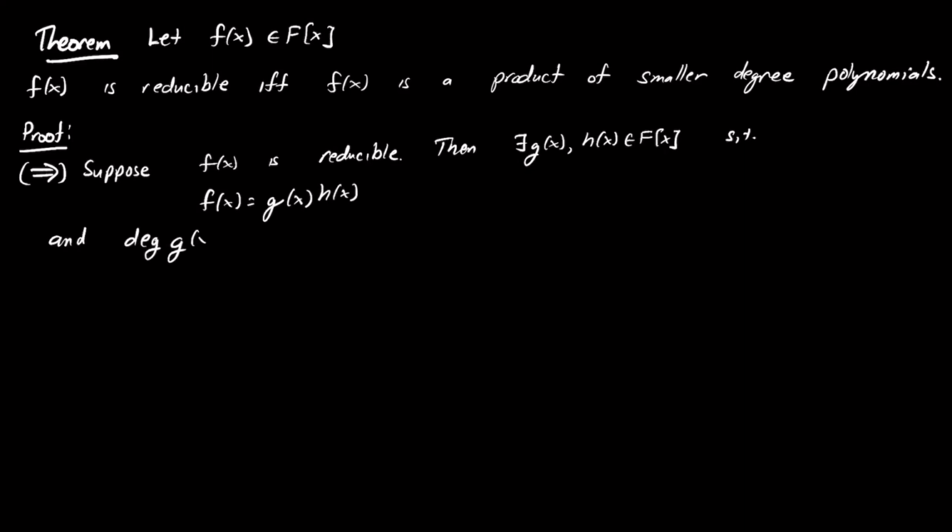So the degree of g of x is bigger than or equal to 1, and the degree of h of x is bigger than or equal to 1. Constant polynomials have degree 0. If a polynomial is reducible, then I can write it as a non-constant polynomial times a non-constant polynomial. So these two polynomials have to have degree bigger than or equal to 1.